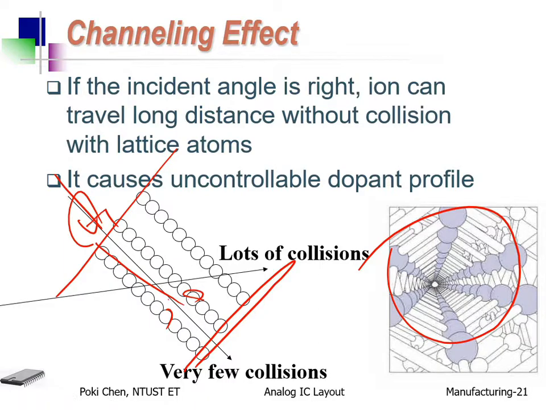What can you do? You can tilt your wafer. Okay? Or you can, how can I say, tilt your E-beam. 电子束, electron beam. So anyway, effectively, the direction for implantation shouldn't be perpendicular to the surface.